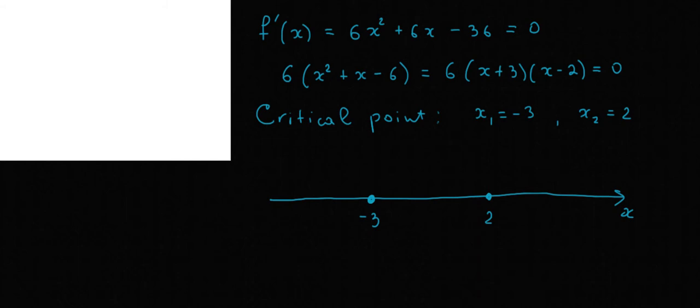The derivative is equal to 0 at negative 3 and 2. Everywhere else it is not equal to 0, and so everywhere else it's either positive or negative. Additionally, in order for the derivative to change sign, in order for it to go from positive to negative values, or the other way around, the derivative values have to go through 0. They can't jump from positive values to negative values without going through 0.